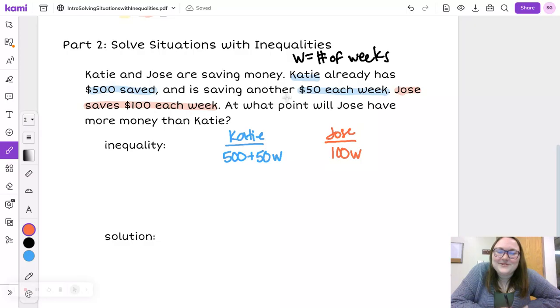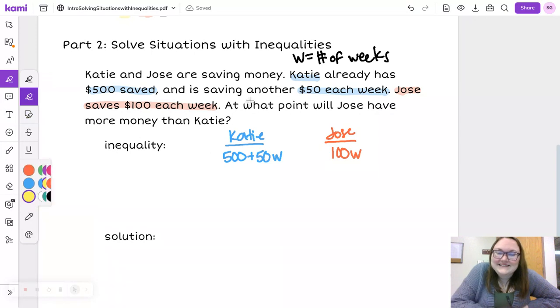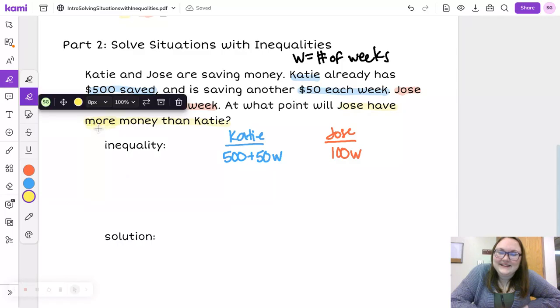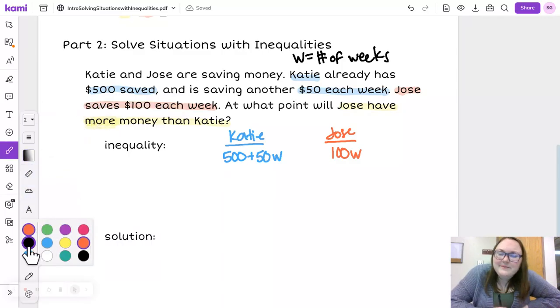And just like before, there's going to be important information in the story that helps me decide what inequality to use. The last sentence tells us we are looking for at what point will Jose have more money than Katie. And that key idea there is we want Jose to have more than Katie. You can think about that two ways.